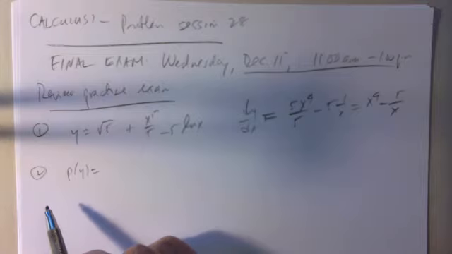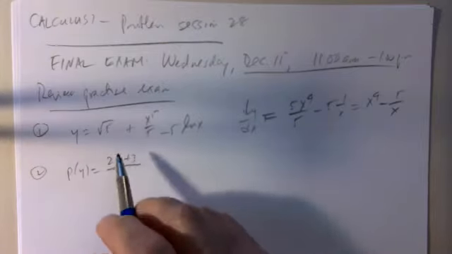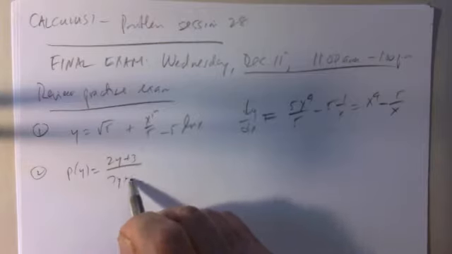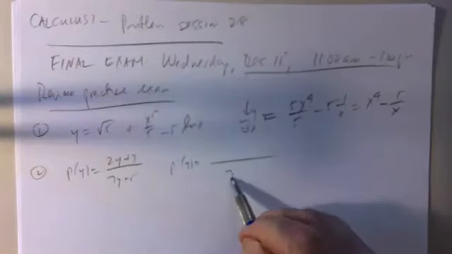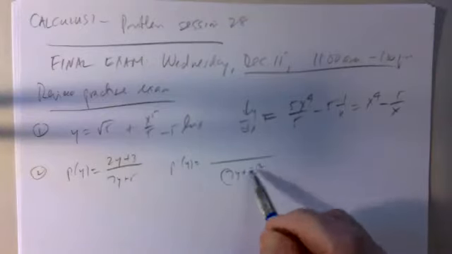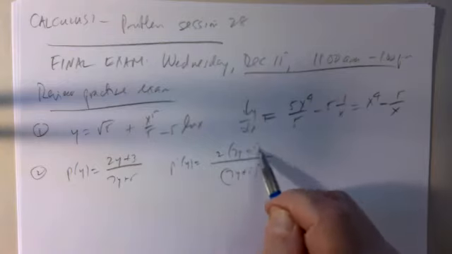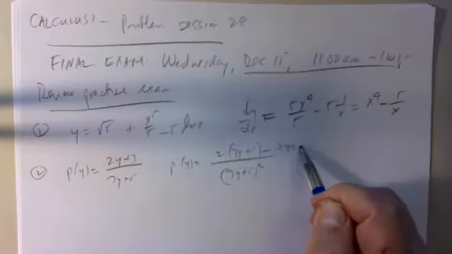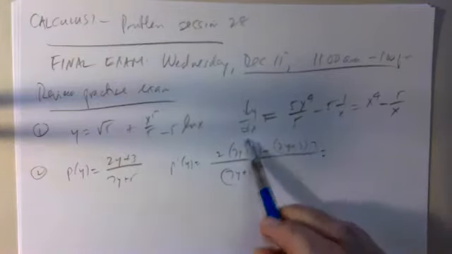P of y is a rational function. So p prime of y, you square the denominator, the derivative of the numerator times the denominator, minus the numerator times the derivative of the denominator.